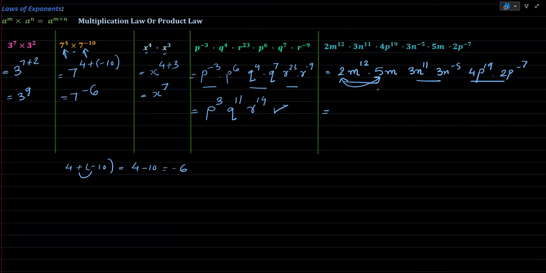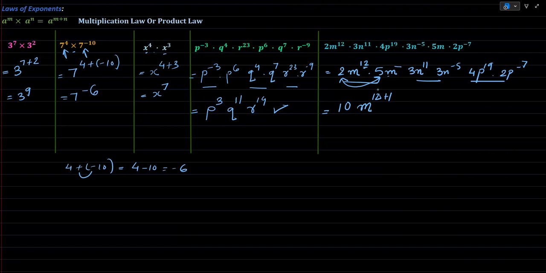So 2 times 5 will be 10, and m here base, m here base. So we'll apply the product law, and the product law states that simply add the powers. Here the power is 1 and 2, but you can't see any power on the m. If there is no power, you can say by default the power is 1.